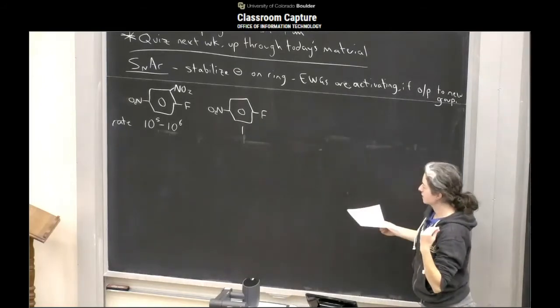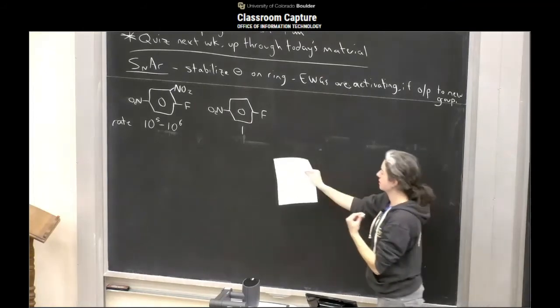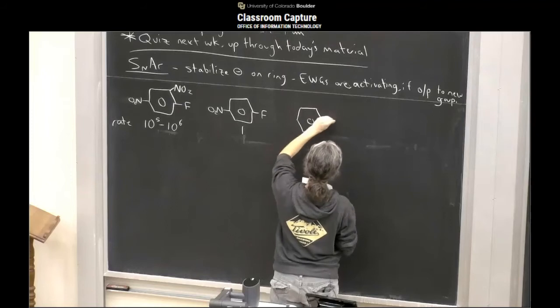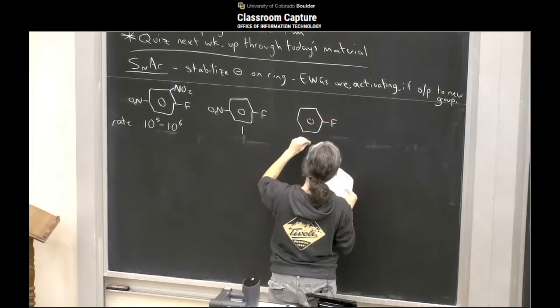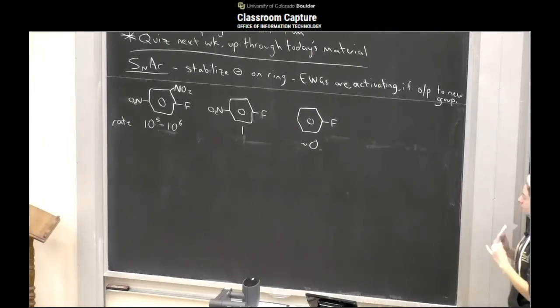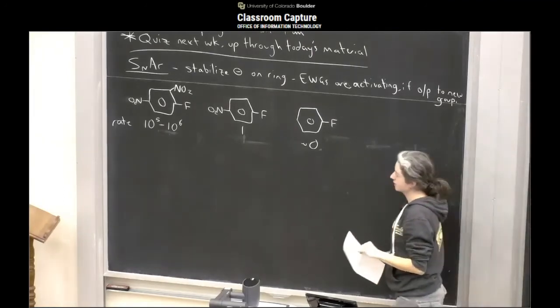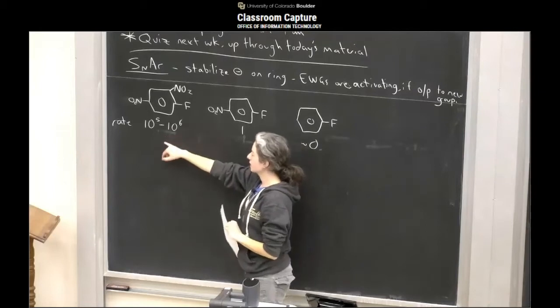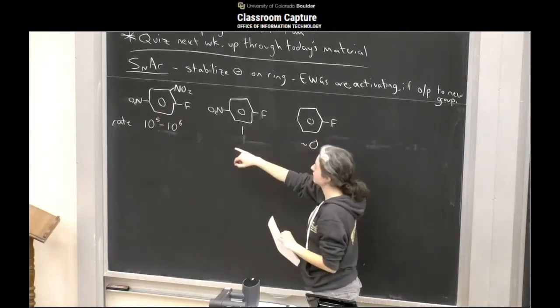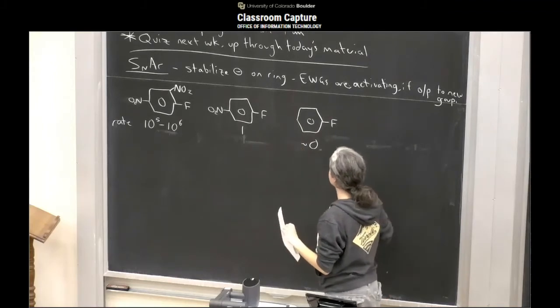My guess is it's quite a bit lower than just para. But I do have the numbers for unsubstituted benzene, which is about 0. So the take-home message here is that being able to kick the negative charge out onto the nitro groups, like we saw in the resonance forms last time, makes a huge difference in terms of stabilizing that minus charge.